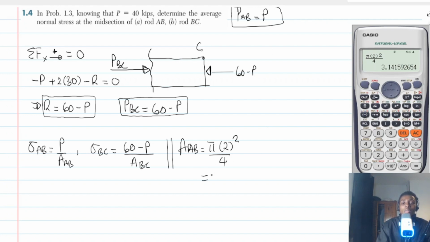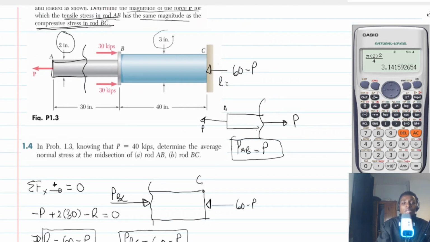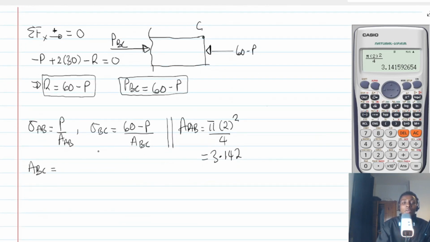3.142. All right. And then the area of BC. The area of BC too, we know, because this diameter is 3. So we just have to replace 2 by 3, that is, pi times 3 squared over 4.